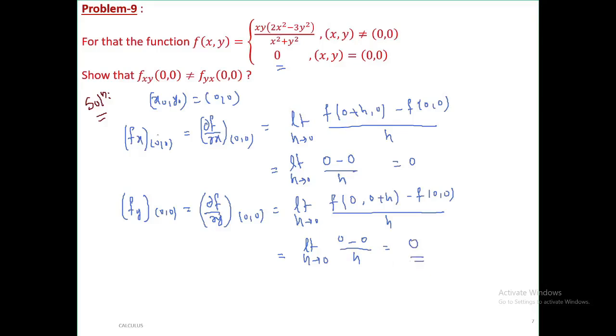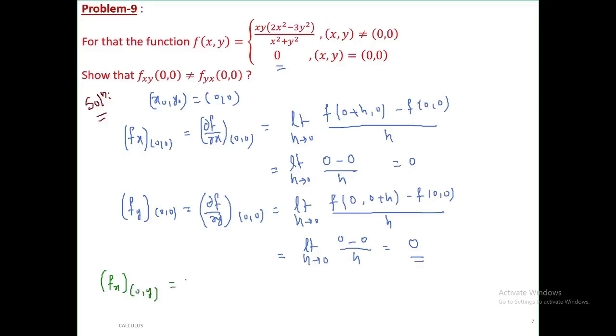But what I want is second order partial derivatives at origin, right? So for that what I am doing is, fx, so doing partial derivative with respect to x, therefore first you substitute x point, but don't substitute y, because you are proceeding for second order partial derivative. Okay, listen once again.